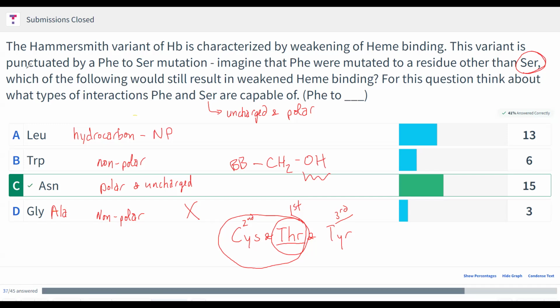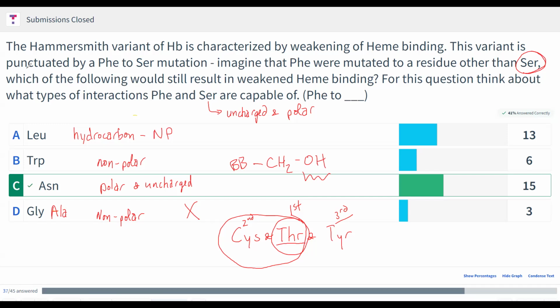So I think this is a very good question because to answer this, you didn't have to have the background knowledge of the Hammersmith variant. All the information relevant to the Hammersmith variant is provided in the question. What you did have to know about for this is the classification of your different amino acids.